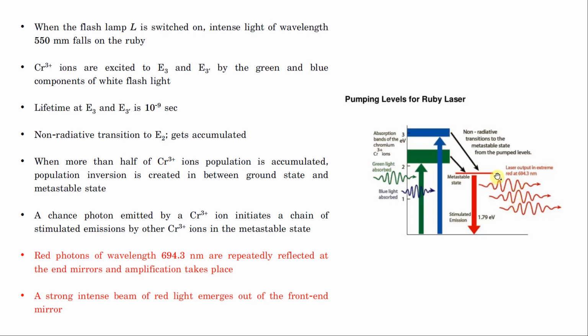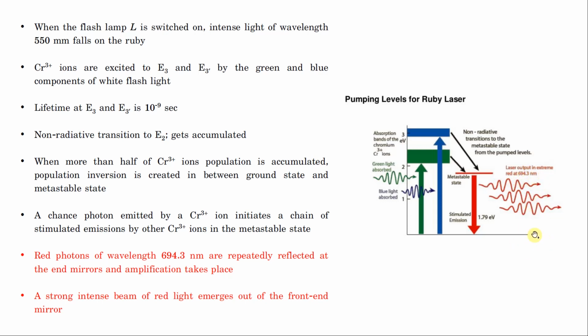And when stimulated emission takes place, obviously some of the chromium ions come down to the ground state, and during that time the energy being released will have a wavelength of 694.3 nanometer, which actually corresponds to the red light. So the resultant light coming is actually, or the photons are actually of the red light.